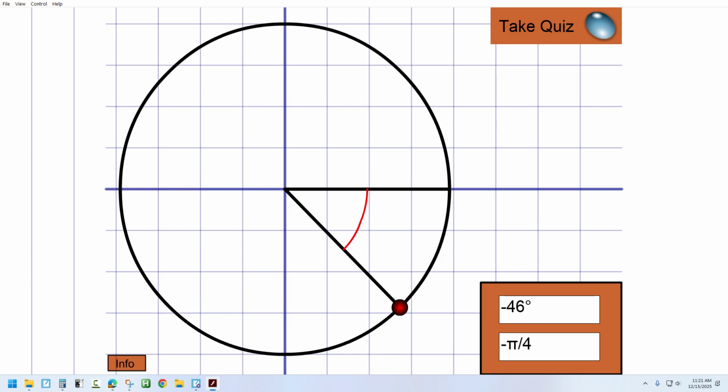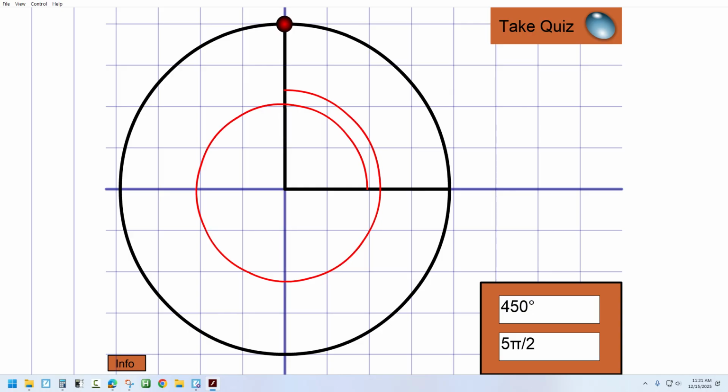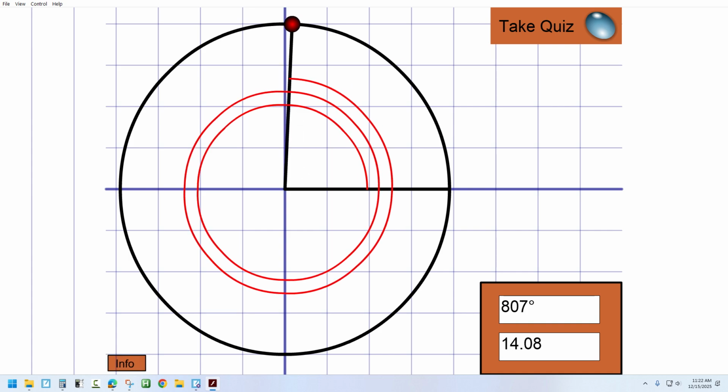So I want you to look at this angle, 90 degrees, and I just want you to look at where the initial and terminal sides are right now. Now I'm going to go like this. How do the initial and the terminal sides now compare to where they were at 90? Yeah, it's the same. Now I want you to look at 810.